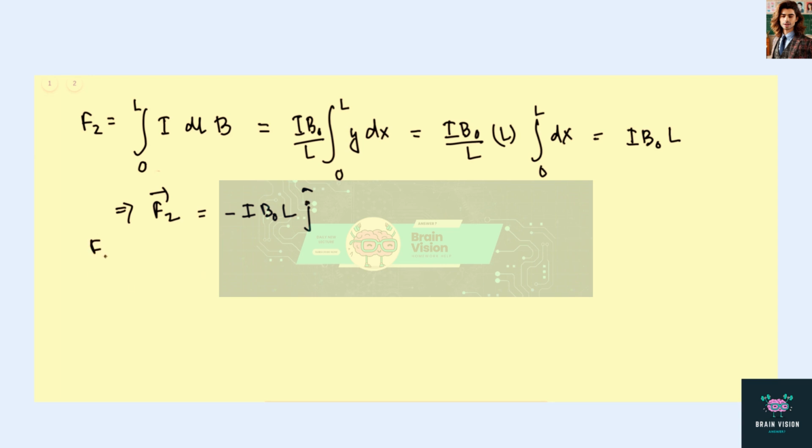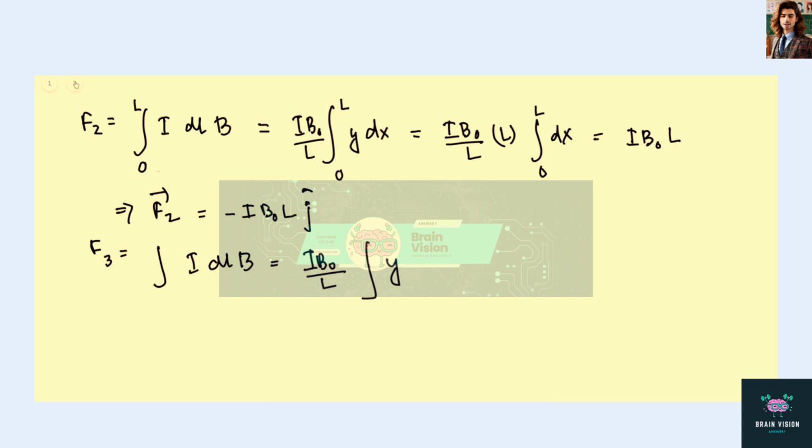Now we do the same thing for F3. So for F3 we have I dl B sine phi, where sine phi is 1, and so the constants come out of the integral, and we have a y from the magnetic field, and we have to see what dl is.